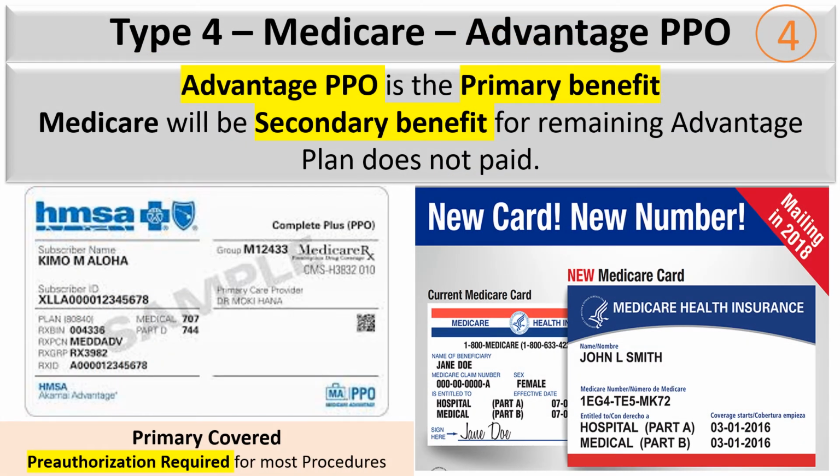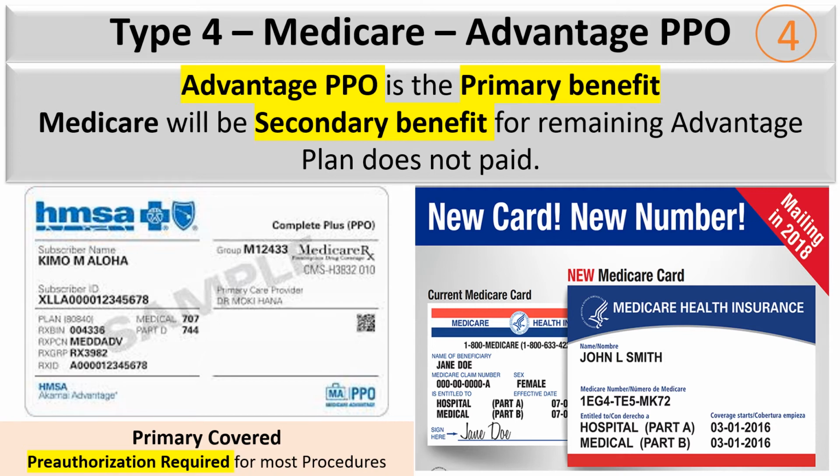Now I'm talking about the Advantage PPO. The difference is the patient who has PPO as primary benefit and Medicare as secondary. For this type, we require pre-auth before you do treatment. With this type, the same pre-auth.